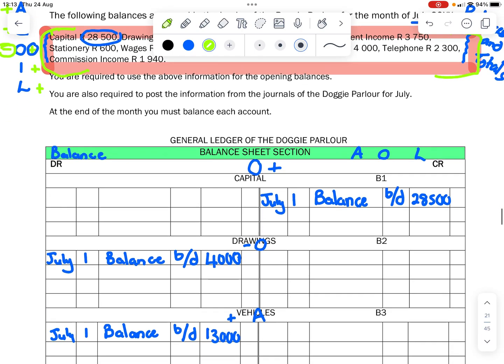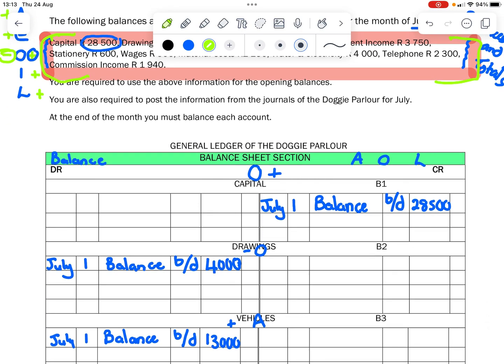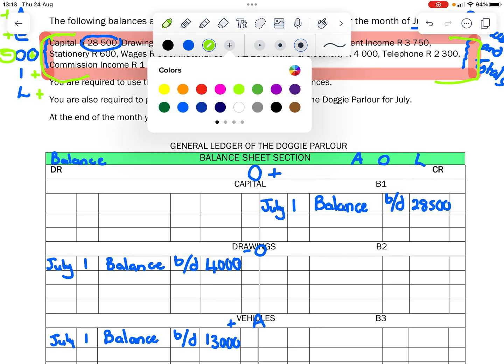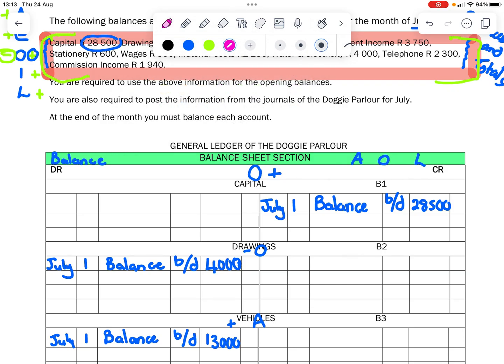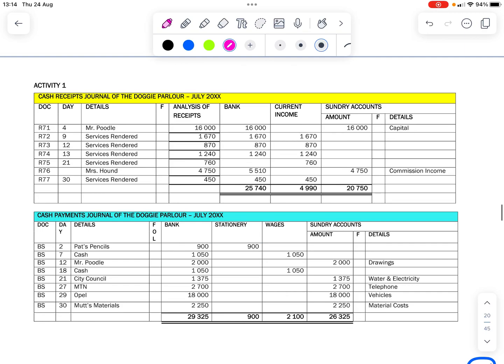Now, once you enter in your balances and totals, remember this has a lot to do with our T accounts. So, for each one of these, or starting off at least, if we were to receive capital, we would have capital in the CRJ. Remember, the business receives capital from the business's owner. So if we go to our CRJ, you'll see that we've got a capital transaction on the 4th of July.